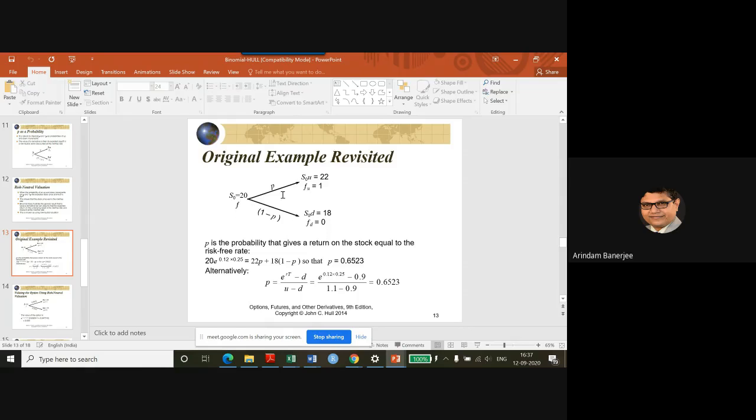P is the probability here, and 1 minus P is the probability on the downside. So I can equate 20 into e to the power RT is equal to 22P plus 18 into 1 minus P. So the value of P is 0.6523, and this will be 1 minus 0.6523.